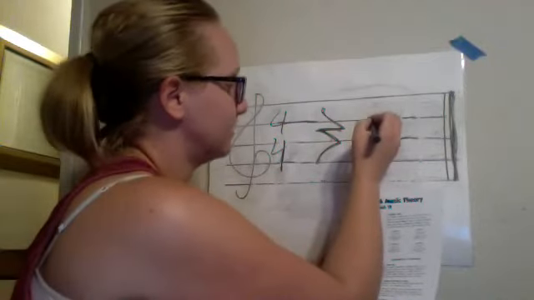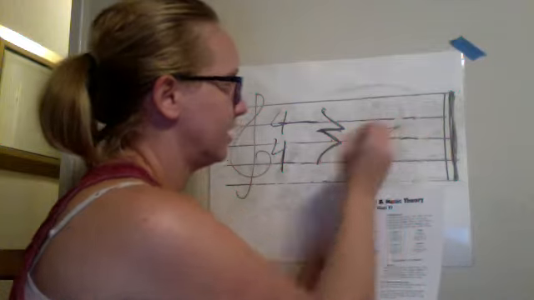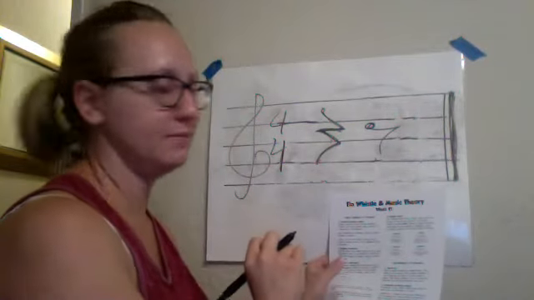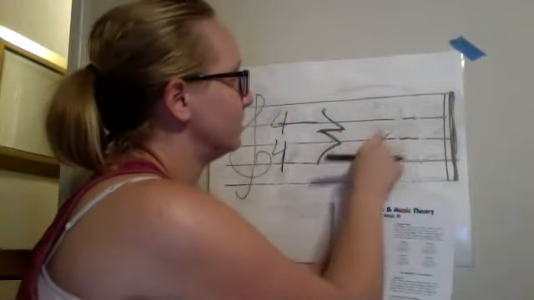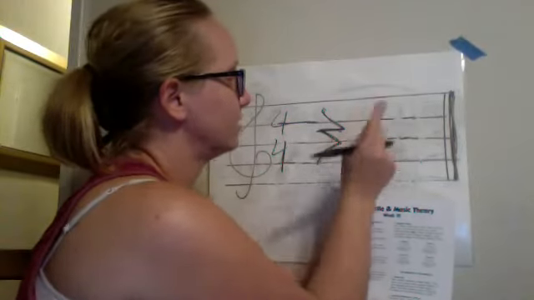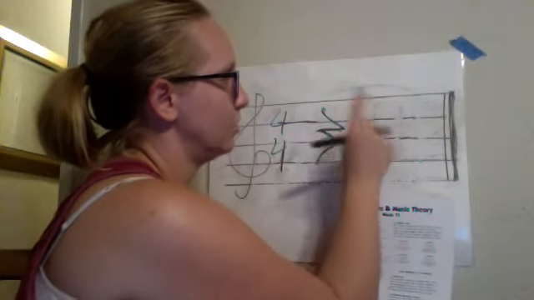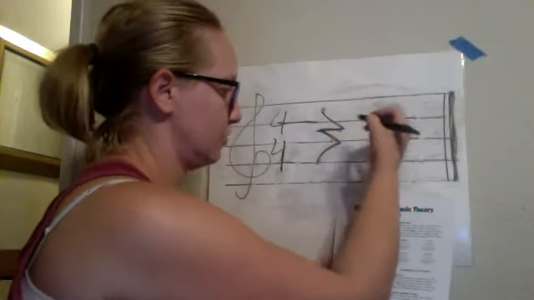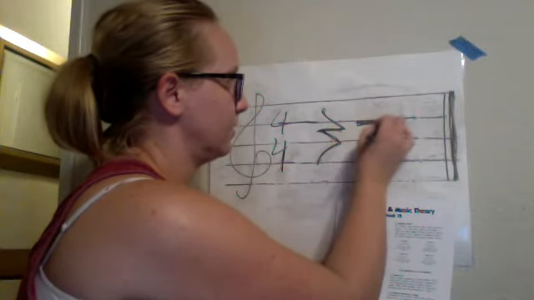Here's an eighth rest. Let's do this correctly. That's an eighth rest, okay. That gets a half a beat. Let's move on to whole rest and half rest. Whole rest, now we're going to be in this area right here. Whole rest is going to cling to the bottom of that line.